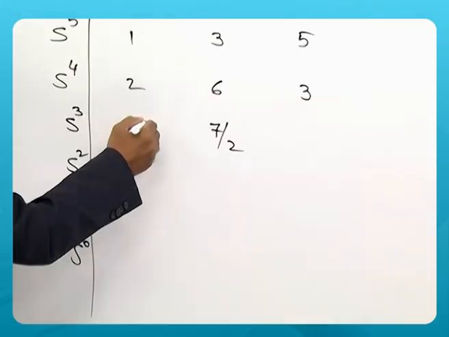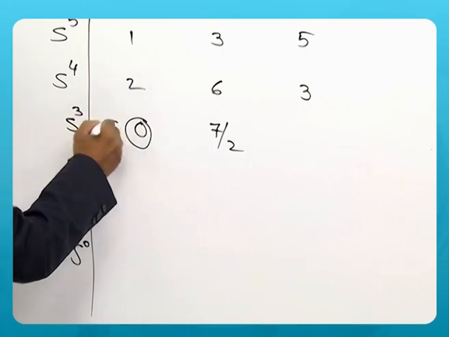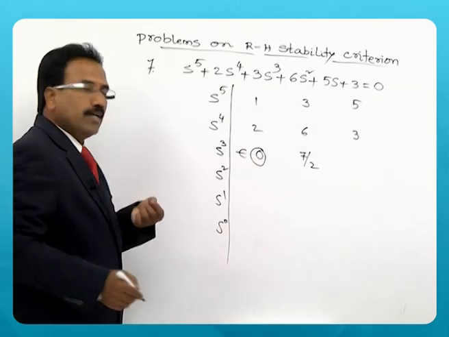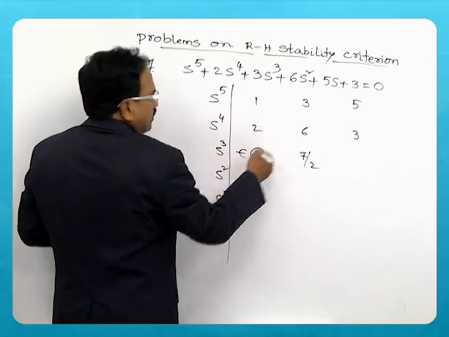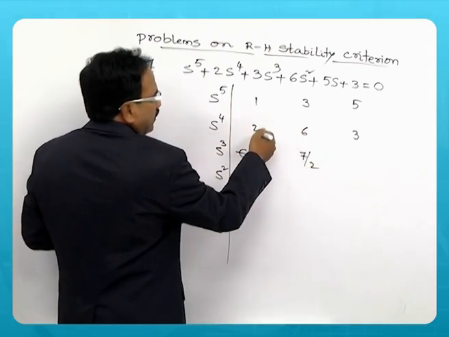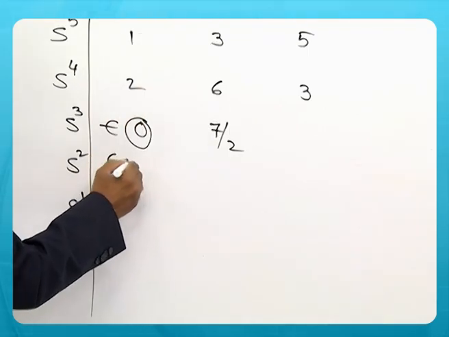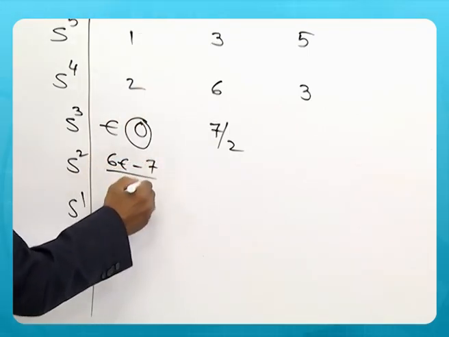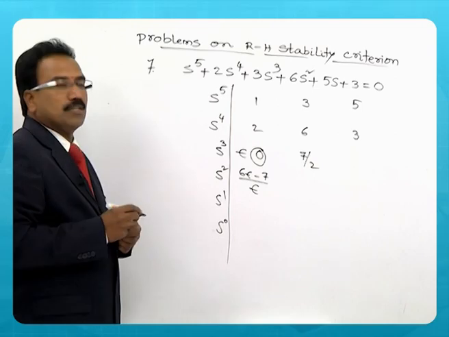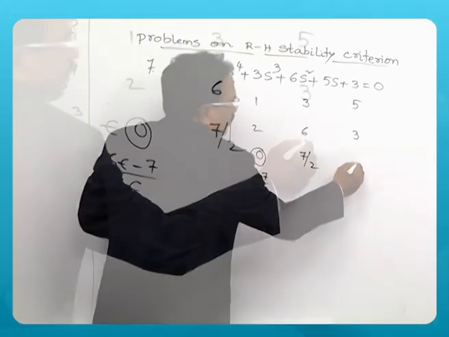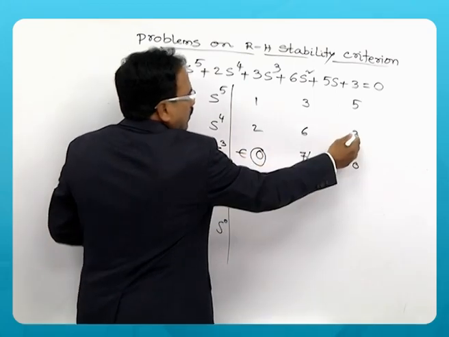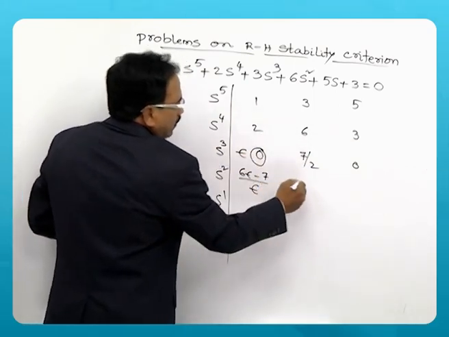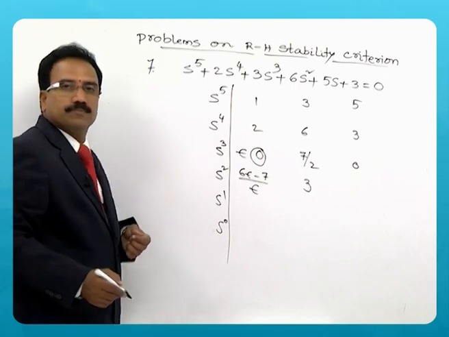So you need to replace this 0 by epsilon, a small positive or negative value. Now you can see here, this is 6 epsilon minus 7 by epsilon. This is the element of the s power 2 row. Now the second element of the s power 2 row is 3 epsilon by epsilon, so you get 3.